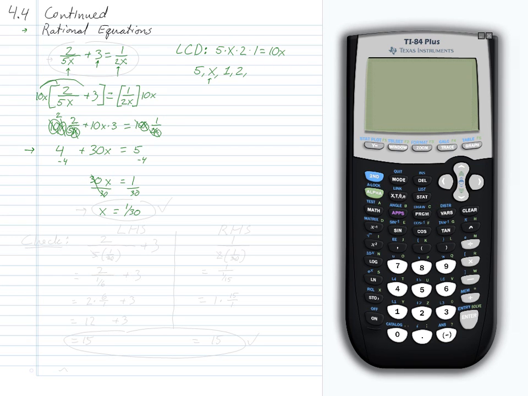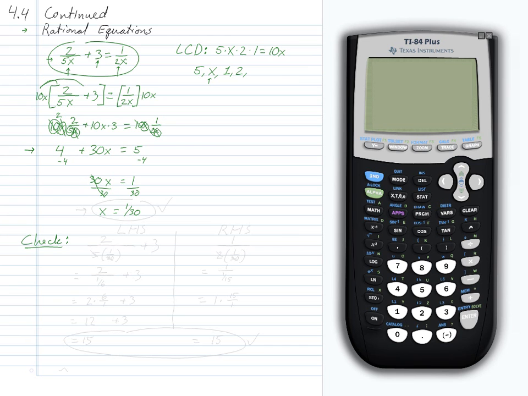Now this type of equation is another that you absolutely have to check your solutions. These rational expressions have some danger zones, right? We want to make sure that we don't come up with a solution that isn't actually allowed to even be plugged into the original equation. So let's plug that back in.